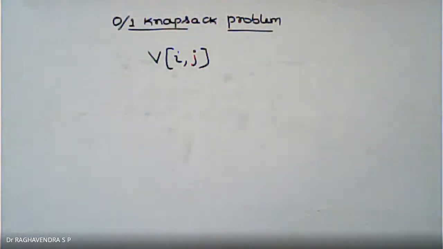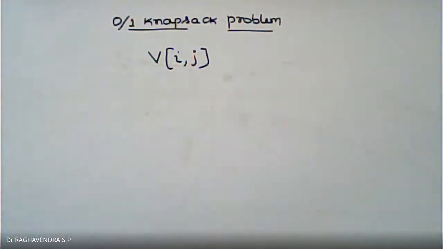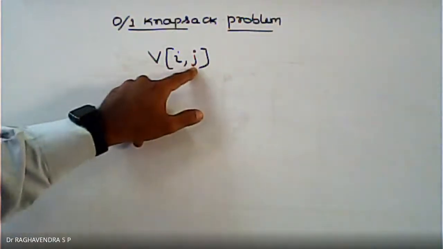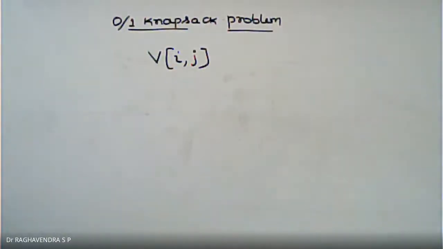V of i comma j is the profit obtained by considering all i objects with capacity j.